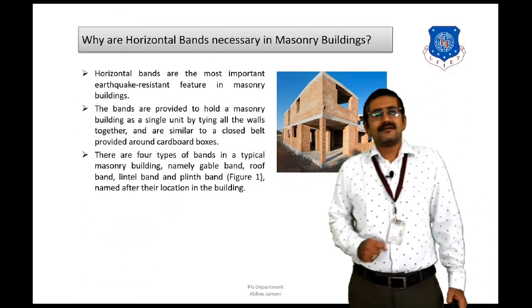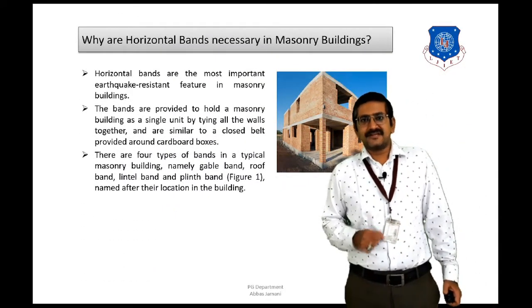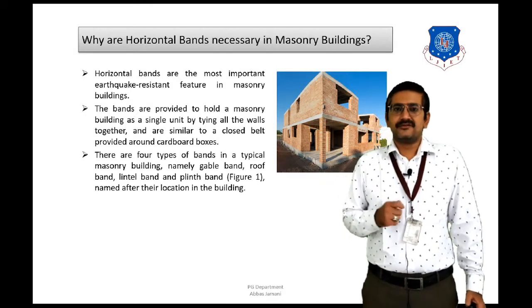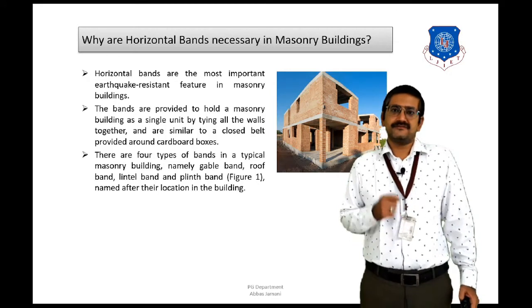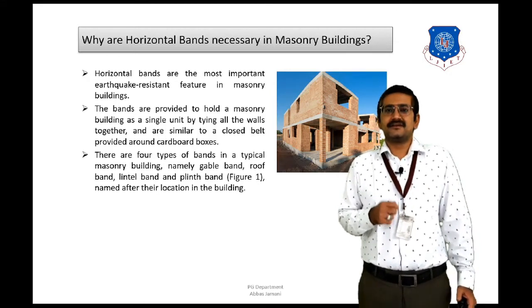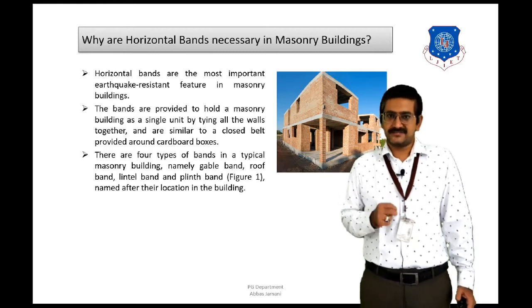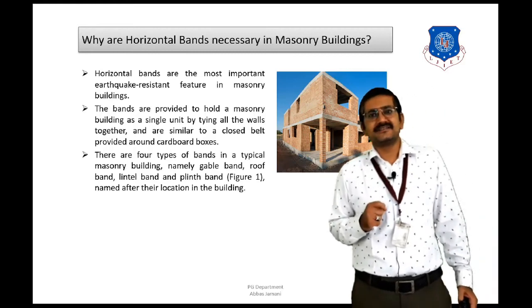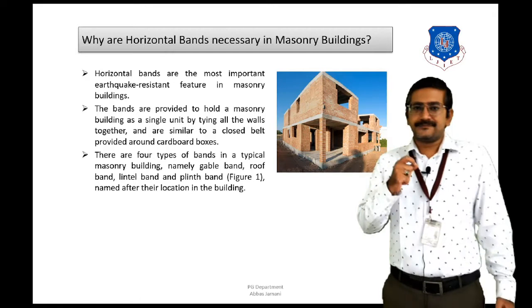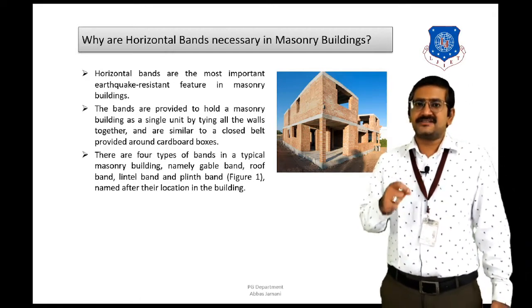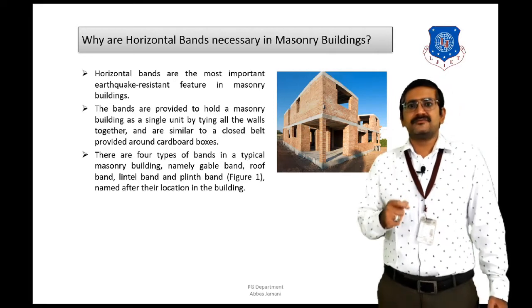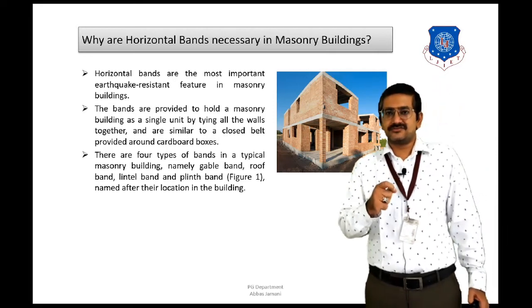Now, in the previous lecture, if you remember, we discussed the basic structural configuration that is required for the good performance of masonry buildings. In that configuration, we focused on two aspects primarily. The first aspect is the structural configuration of the masonry building, that is, the size and shape of the building and its performance in case of earthquake load.